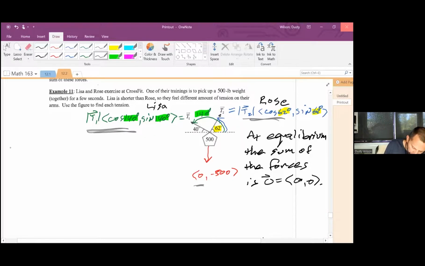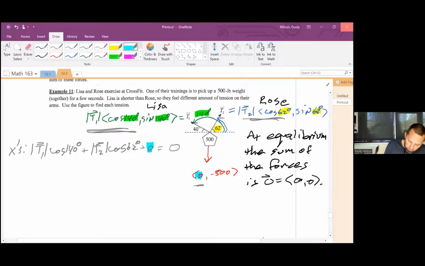So you get magnitude of T1 cosine of 140 plus magnitude of T2 times the cosine of 62, plus 0 equals 0. And what's that first 0? That first 0 is the 0 from below.